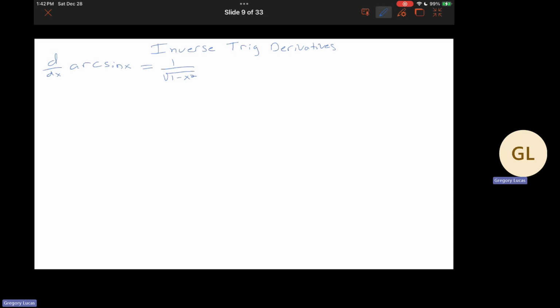So now let's think. What might arc cosine be if we have 1 over the square root of 1 minus x squared? So take a second and think about that one. So how might these two relate? Okay. So it's going to be a very similar form.